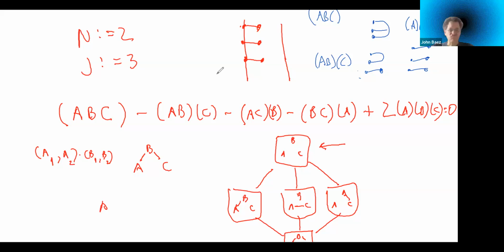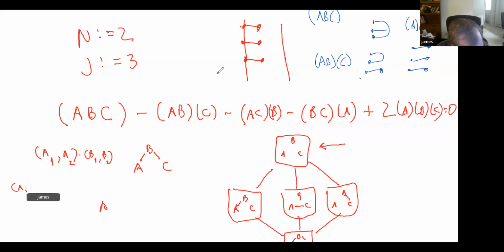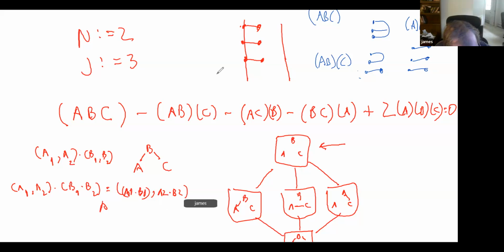So we have one function, A1, A2, and I multiply it times another function, B1, B2, and I get A1 times B1, comma, A2 times B2. Yep.